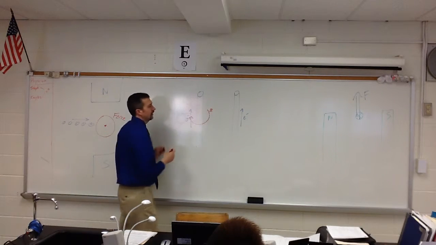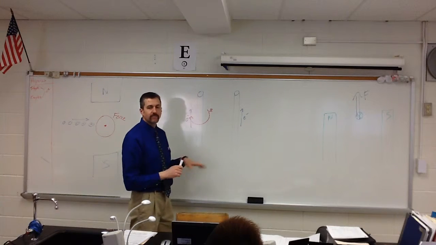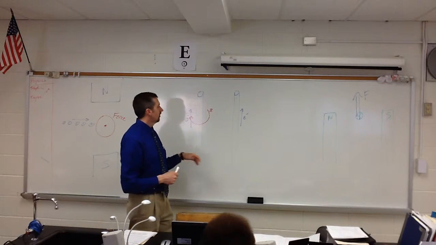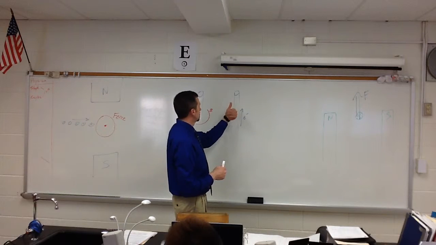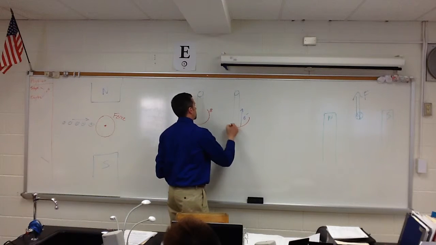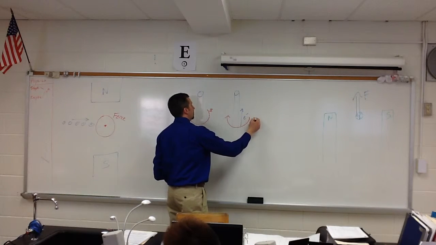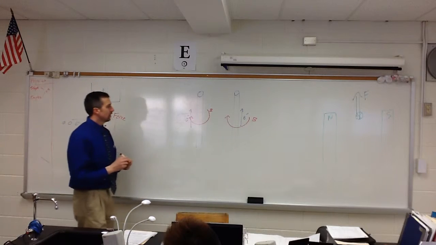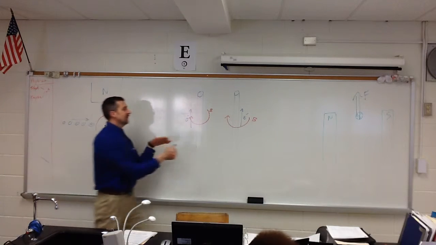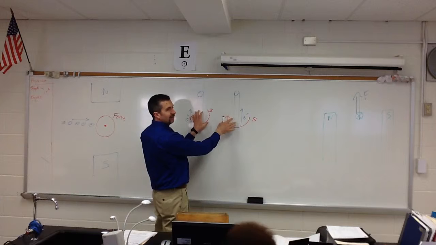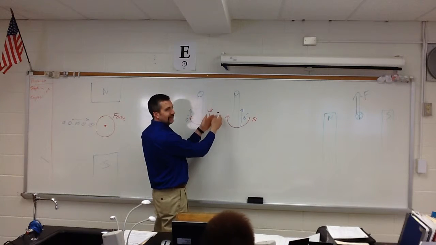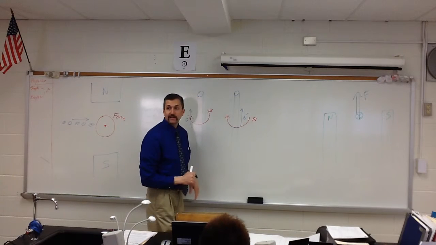I'll label it B to indicate magnetism. There's some magnetism flowing around the wire, okay? Well, if there's magnetism around this wire and magnetism around this wire, eventually in the middle here there's going to be like a clash of magnetism, if you will.